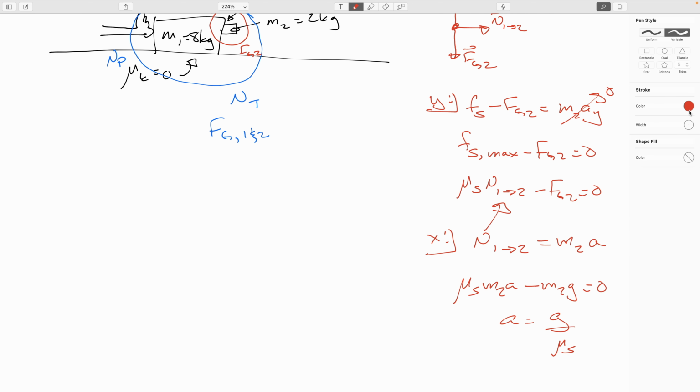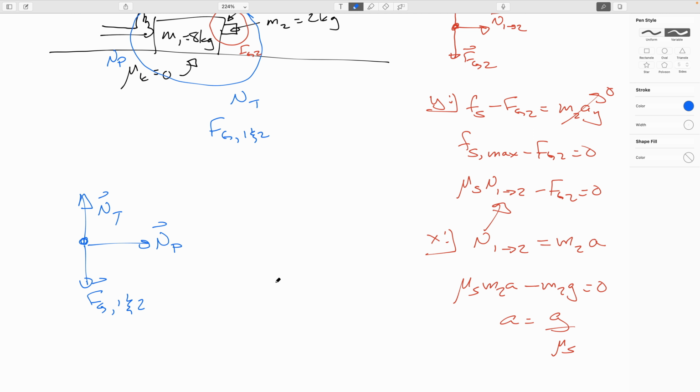Okay, now we can go look at the blue system. The blue system's free body diagram is going to be the normal force from the table. It's going to be the normal force from my push, which I want to find, and the force of gravity acting on objects 1 and 2 put together.